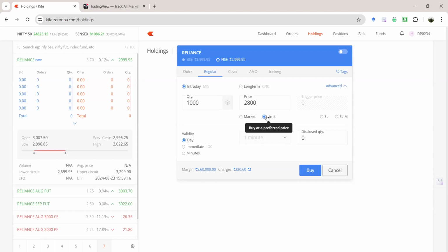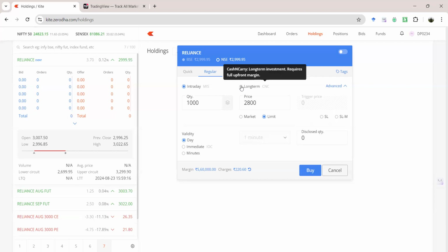But if we order in long term, are there any more charges? If you are using a long-term order but exiting on the same day, then there are no separate charges. It will be treated as an intraday order. If you are using an intraday order, you can convert it later to long-term also, before square off happens. And if you have used long-term, you can square off intraday also.